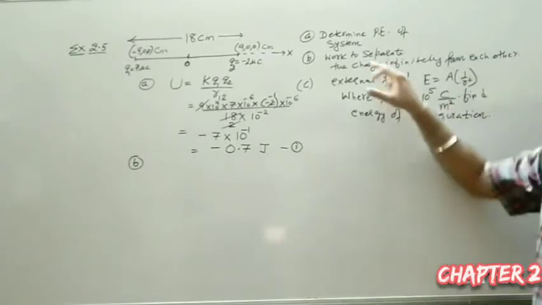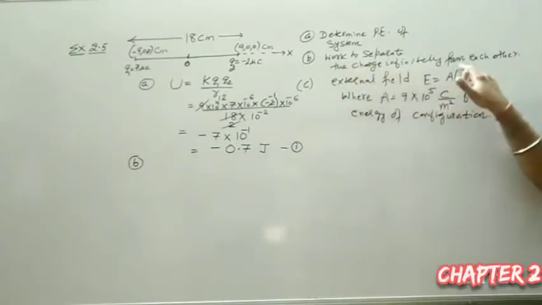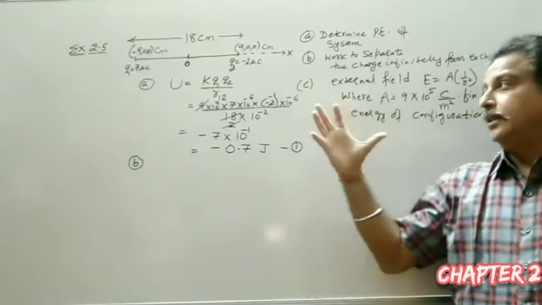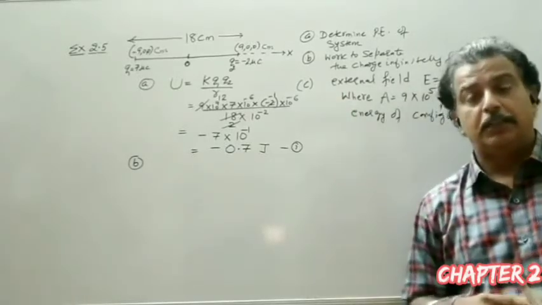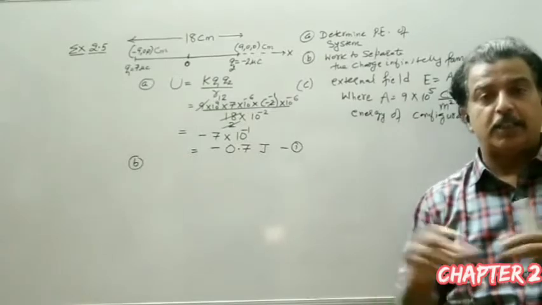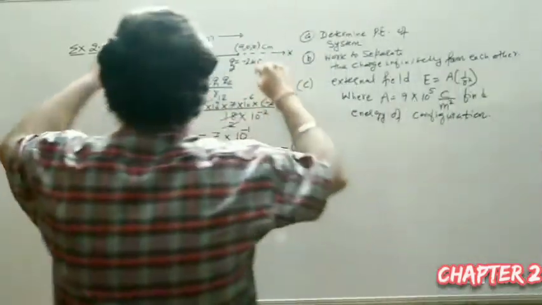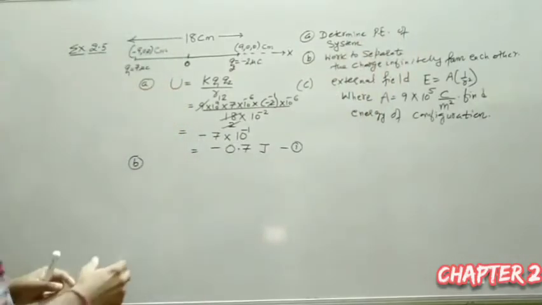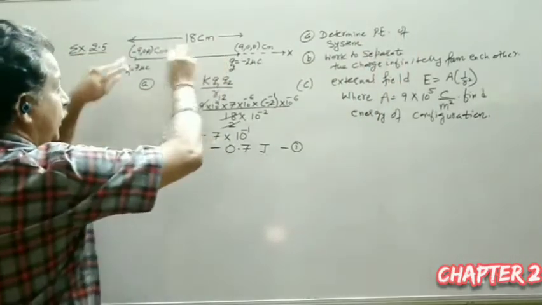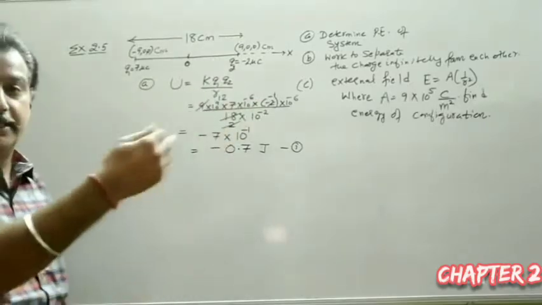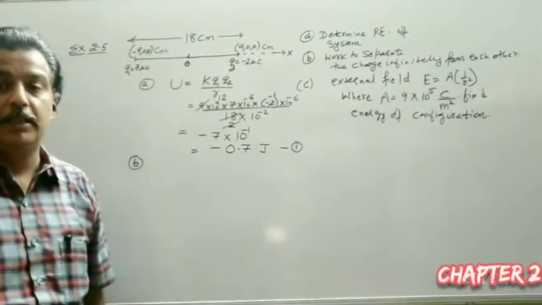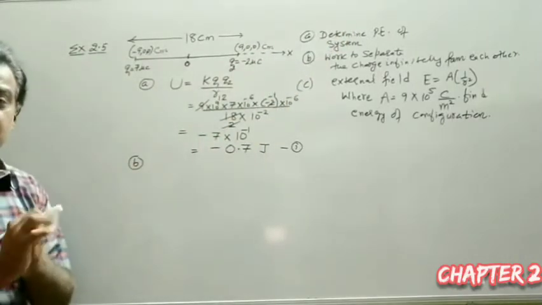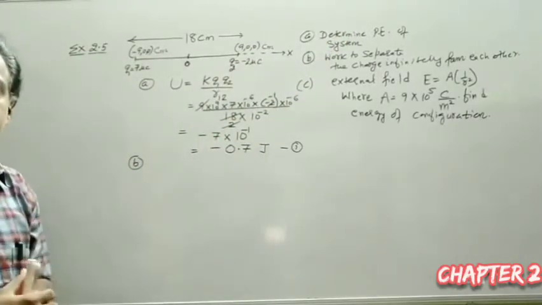Second, the work to separate the charges infinitely away from each other. Now this 18 centimeter is the initial distance between them, and I have to separate them to infinite distance. It means if the distance keeps on increasing from 80 centimeter to 100 centimeter, 1000 centimeter, they will be away from each other's field, meaning there will be no interaction between them.